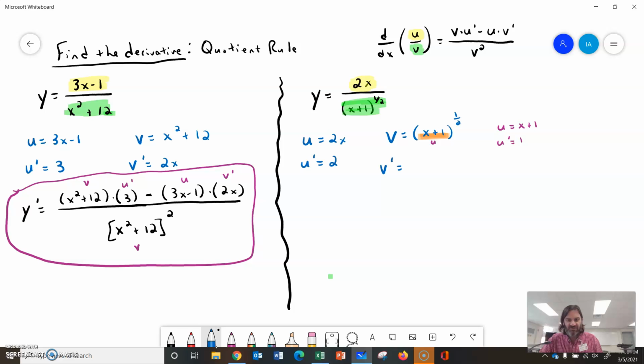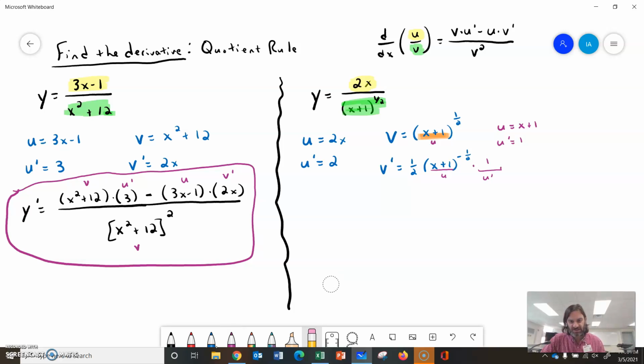But the derivative here, from applying the power rule, v prime will be 1/2 times x plus 1 to the negative 1/2. So inside there is the u that I had. And technically there's a u prime outside that was 1, but why write the 1?